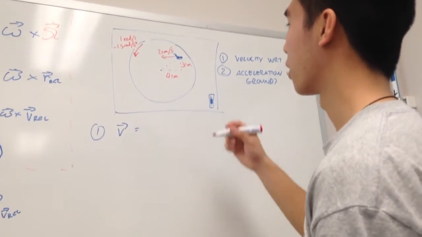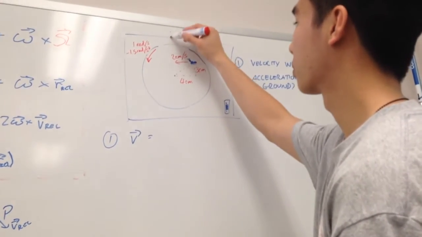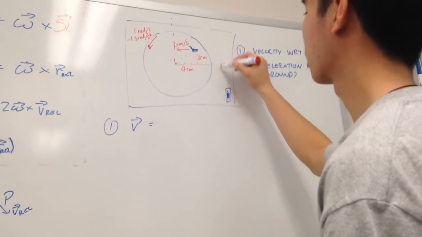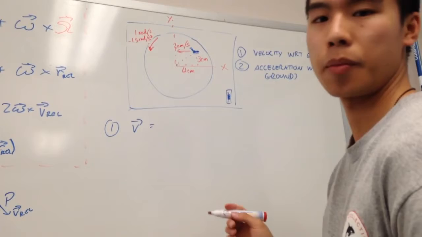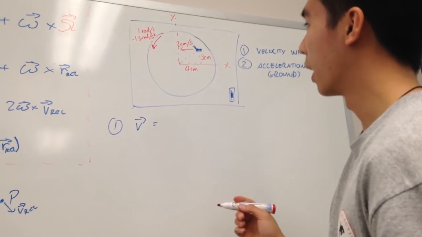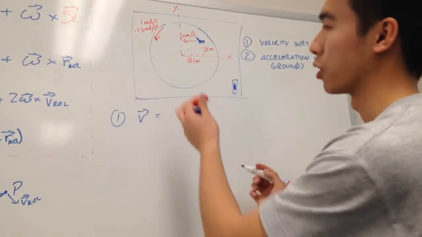So our base reference frame is just going to be the ground. So x, y, and it's fixed. And we're going to make our intermediate reference frame the actual turntable.